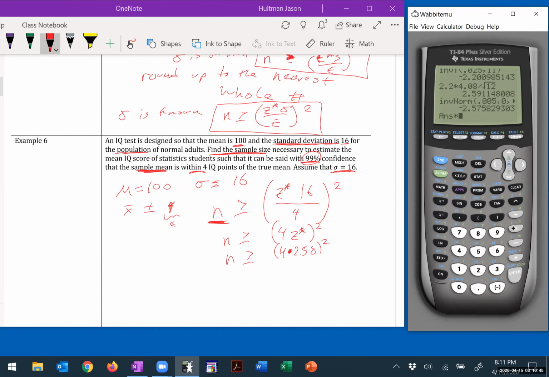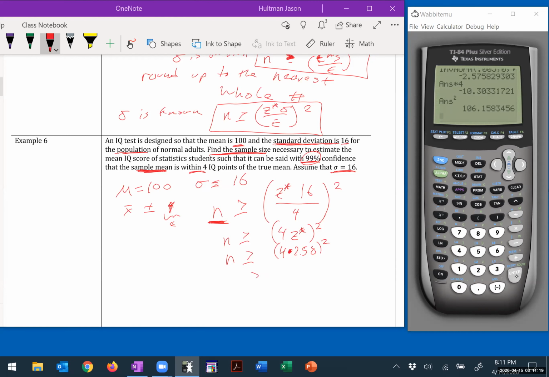Let's multiply this by 4, and now let's square it. I get about 106.1. I want to round up, not down. So we're going to say that it's 107 people.